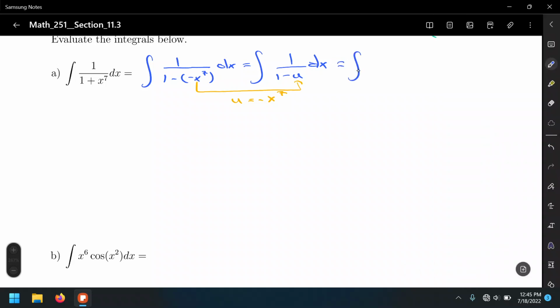So in this case we're ready to write this in sigma notation: the sum from n equals 0 to infinity of u to the n, with respect to x.